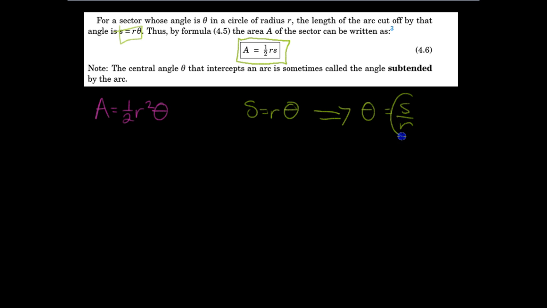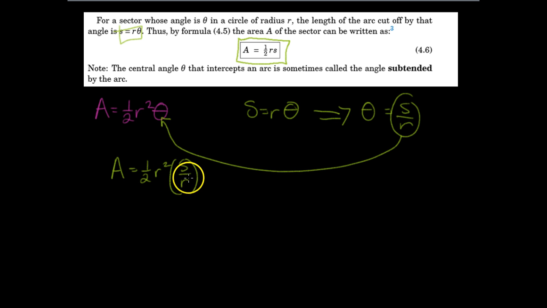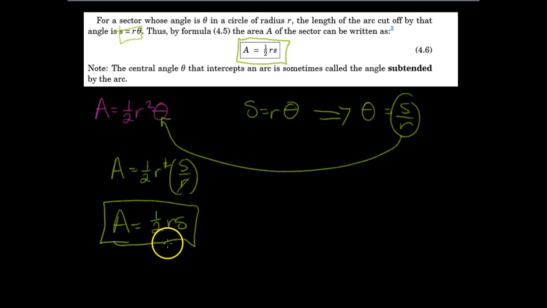If I substitute this in for theta, that's how we get 4.6. Area equals 1/2 r squared times s over r, and that cancels out one of my r's. So a new formula for the area of a sector is 1/2 r s. You have a couple of problems where they give you the radius and the arc length, and that's how you would calculate the area of the sector.